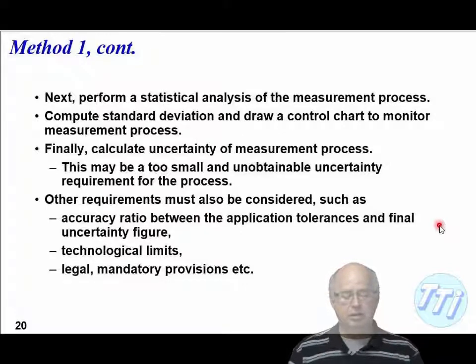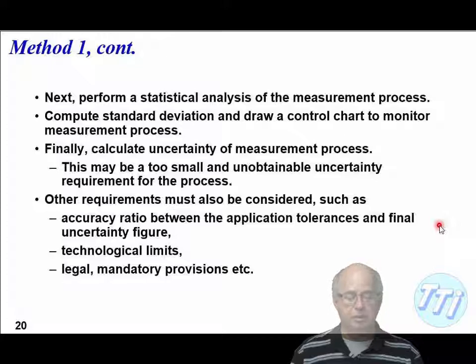So after we've found those, we do a statistical analysis, just what we've seen, of the measurement process. We calculate the standard deviations and draw the control charts, all in the forward domain from the basic science. And then finally we calculate the uncertainty of the measurement. But the concern is that we may end up with too small an uncertainty that we can't obtain, as required for the process.